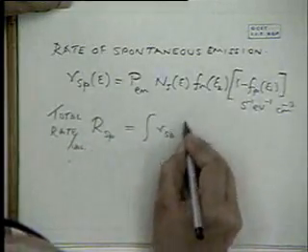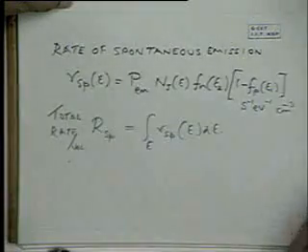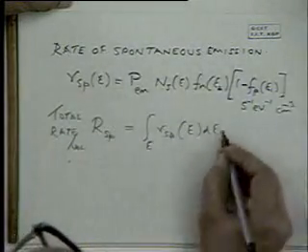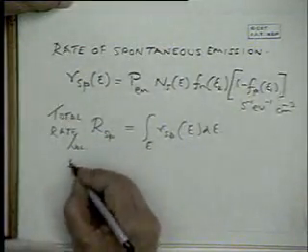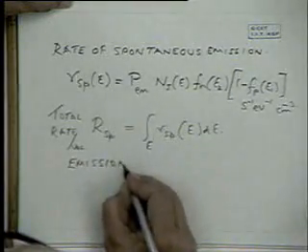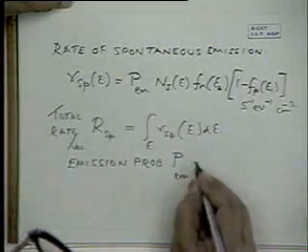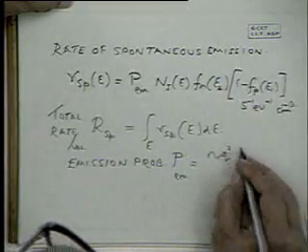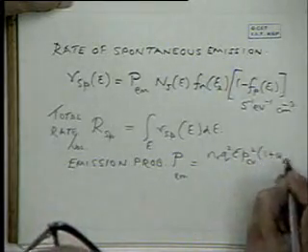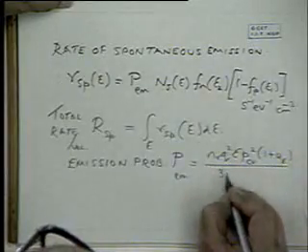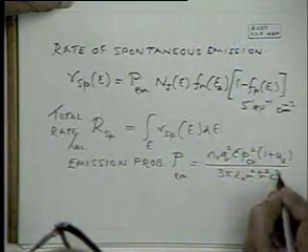It is the integral of this over the range of energies, and from this we can calculate the emission probability, P emission, which is nR q squared epsilon PCV squared (1 plus...) over 3 pi epsilon 0 m squared h squared over c cubed.